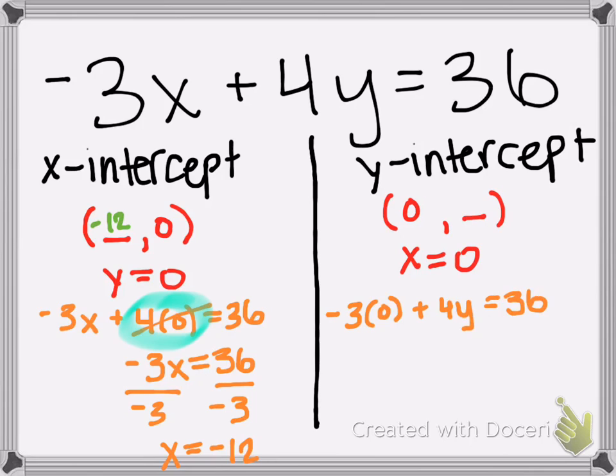Okay, and then negative 3 times 0 is 0. And we have 4y equals 36. To solve for y, we just divide by 4. And we get y equals 36 divided by 4, I heard someone say it, 9. So in our final answer, we get the y-intercept at 0, 9.